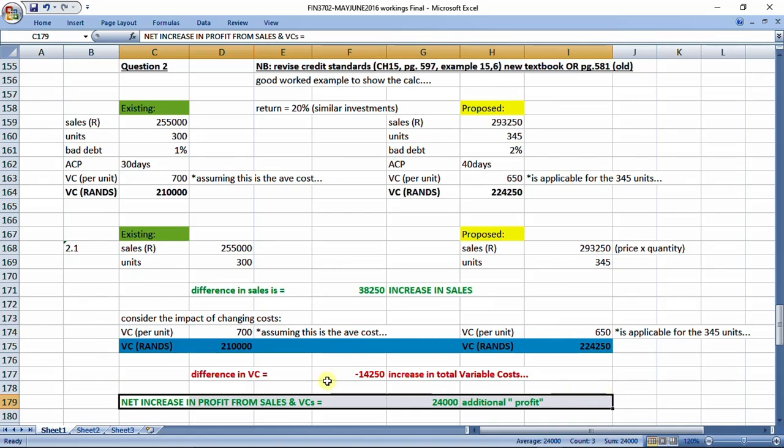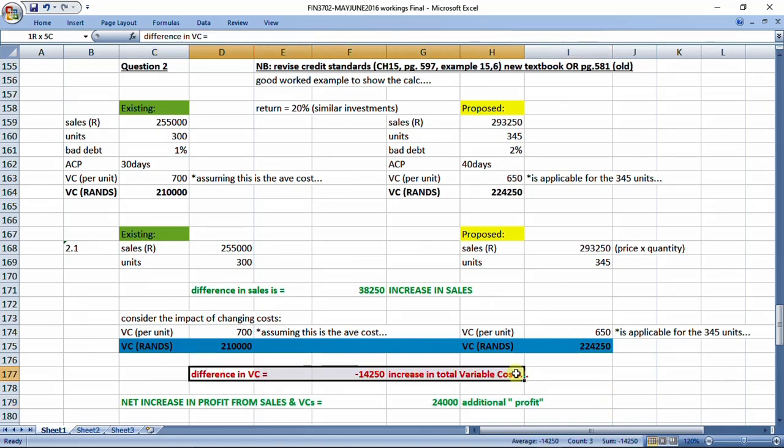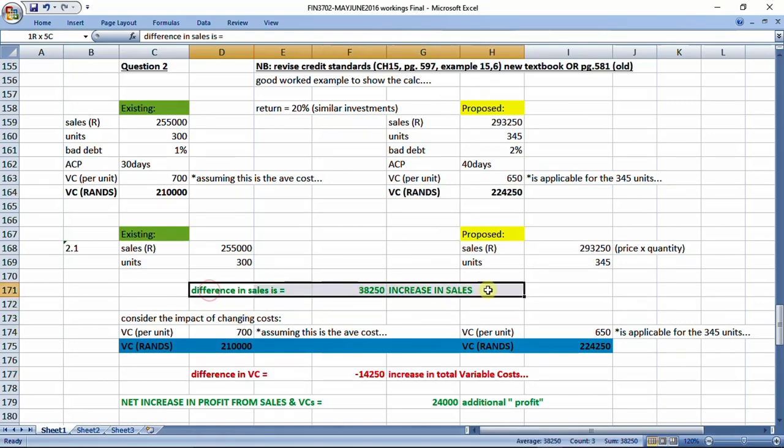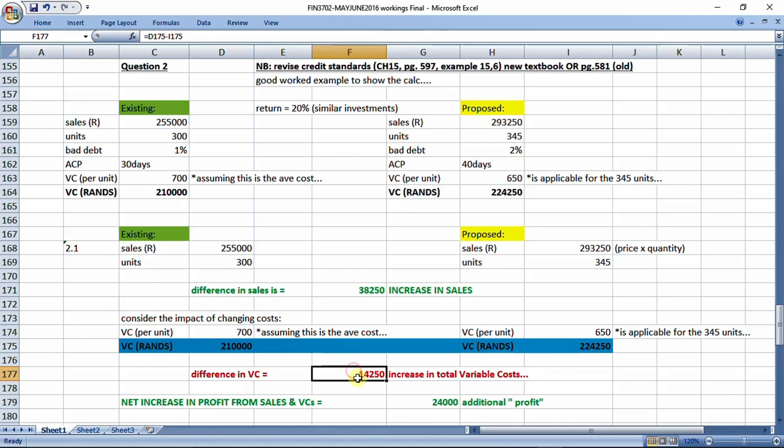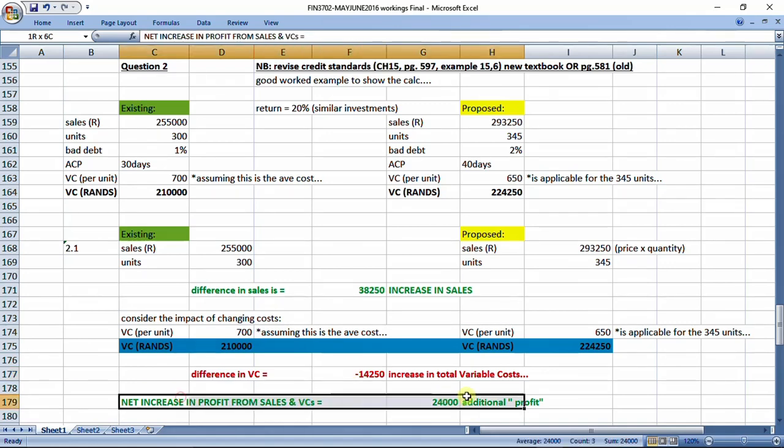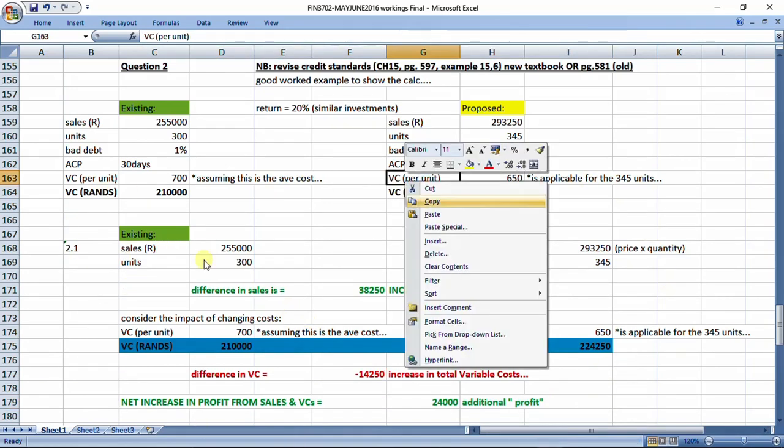In other words, the increase in units. Maybe I should have added more notes here. In the exam, I would write something like economies of scale, or in the question we're assuming, or we're looking at a scenario where the company's price is 850 and the variable cost is 650.